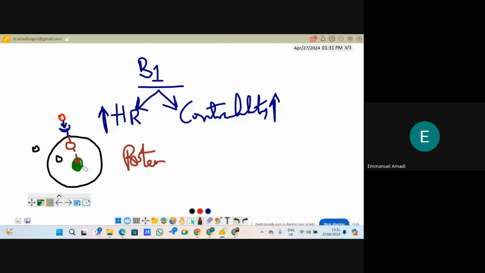So let's assume this green here is the protein kinase. That is what your catecholamines want to activate at the level of the beta 1 receptor. Once your protein kinase A is activated, it can carry out the effect of the catecholamines on the beta 1 receptor.